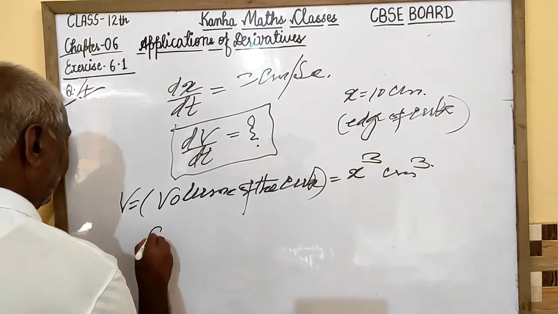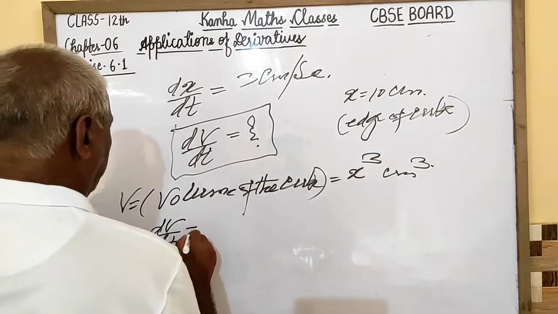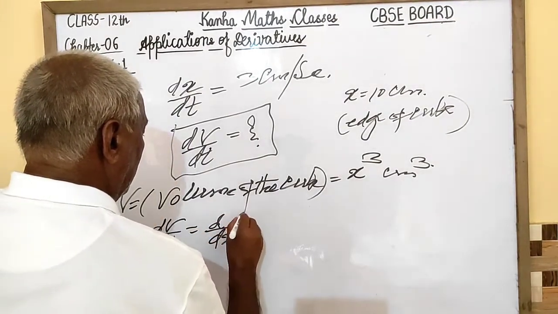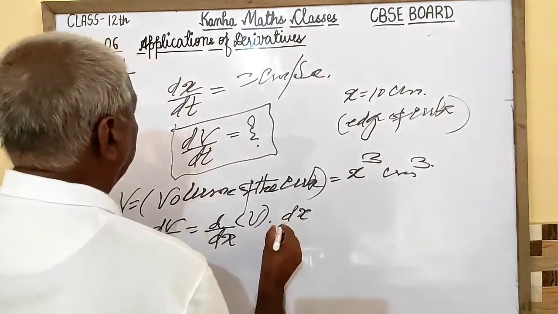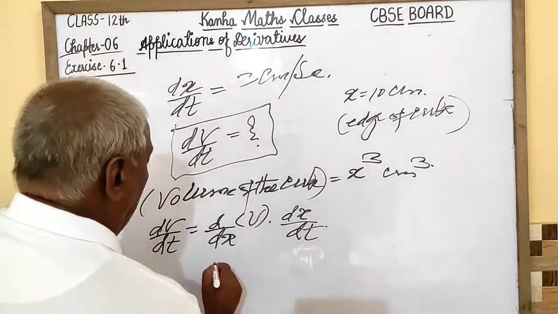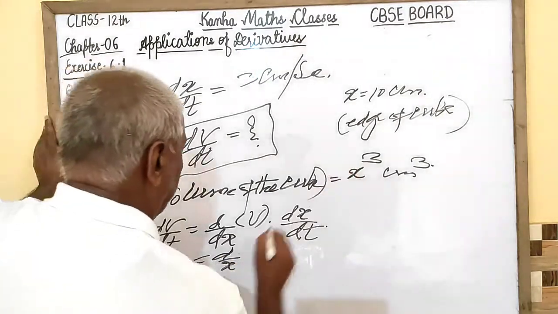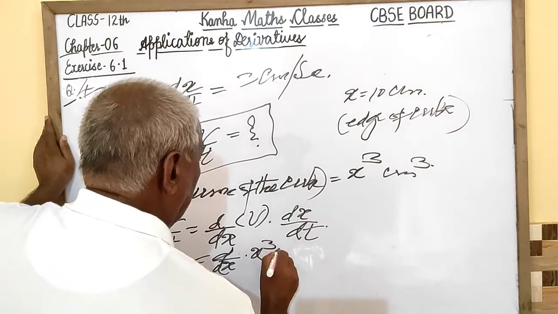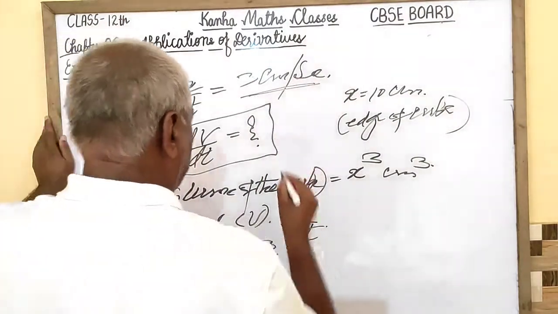Now dV by dt will be equal to d dx of V into dx by dt. Now d dx of V means x cube, and dx by dt is equal to 3 centimeter per second.